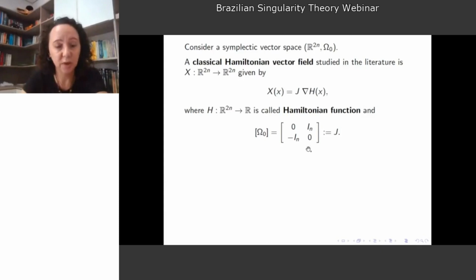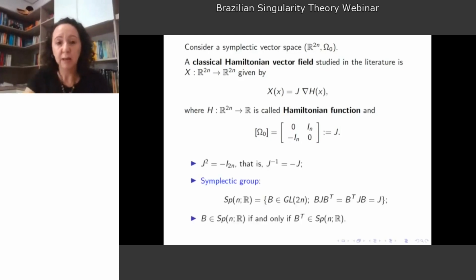This is the classical object. There are a lot of works in the literature that start with this symplectic vector space, and a lot of properties of the matrix J. For example, the matrix J satisfies J squared equals minus identity, that is, the inverse of the matrix J is minus J.